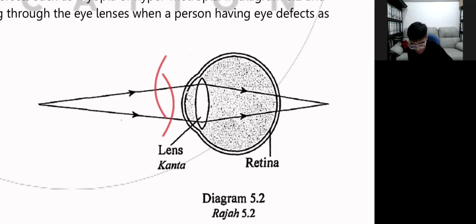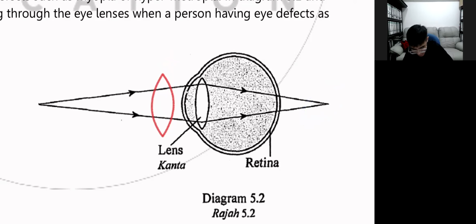Again, you can look at the problem. Why does long-sightedness occur? Long-sightedness occurs because light focuses too late, behind the retina, behind the eyeball. Can you see? The focus of the light ray is at the back of the eyeball. So in order to solve this problem, you have to make the focus of the light ray become earlier, at the retina of the eyeball.